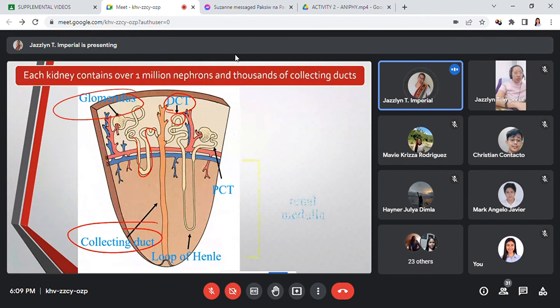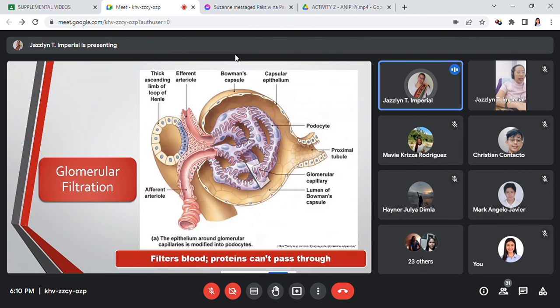Okay? So, renal cortex and renal medulla. Meron pa ba? Ayan. This is just to show you yung parang ulo ng nephron. This is your glomerulus. So it filters blood, and in the glomerulus, proteins cannot pass through.